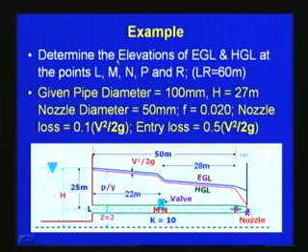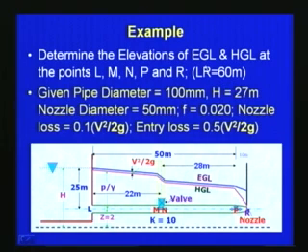The question is: determine the elevations of the energy gradient line EGL and hydraulic gradient line HGL at the points L, M, N, P and R. Here the total length from L to R is given as 60 meters.